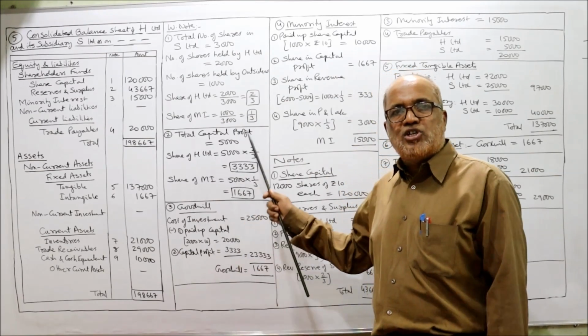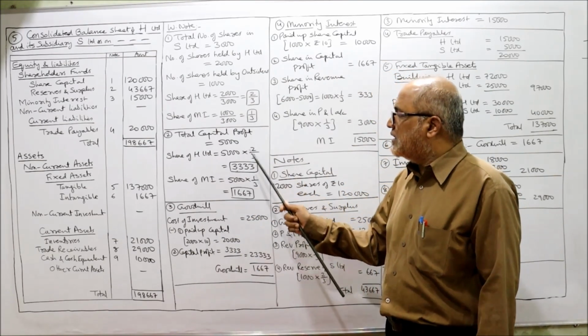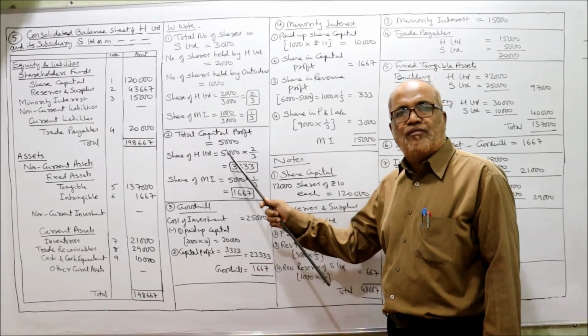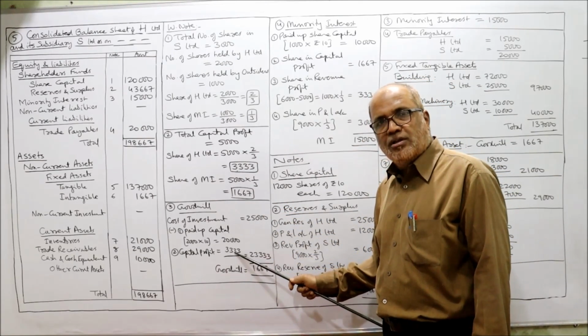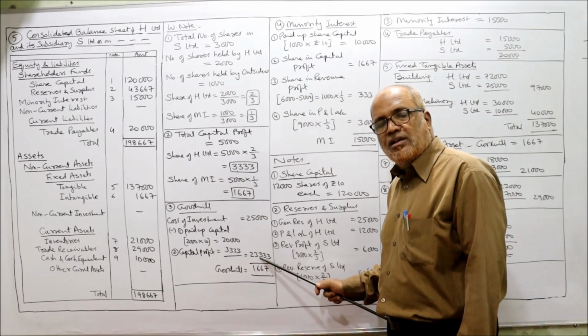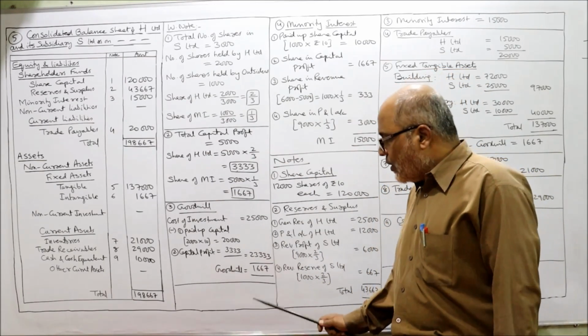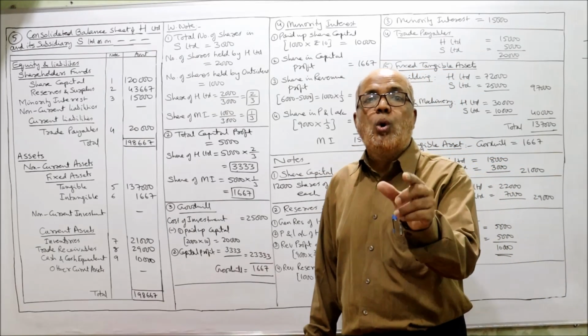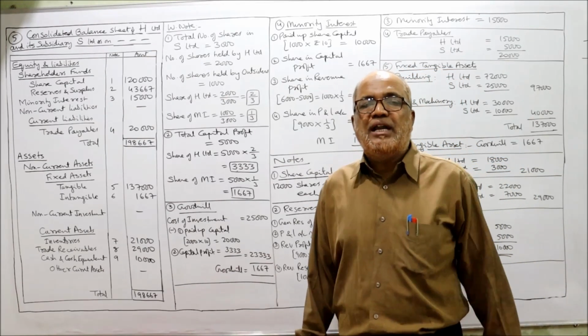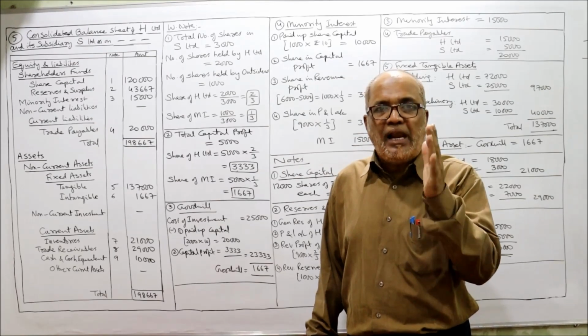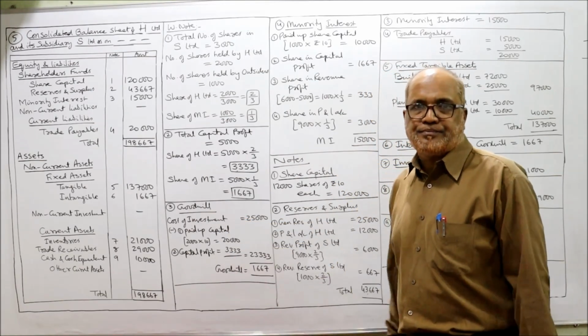Share in capital profit, just now we have calculated 3,333. This is the share of capital profit of H Limited. Total 23,333. Subtract 25,000 minus 23,333. 1,667 is the goodwill, and this goodwill will be taken under intangible assets in the balance sheet.